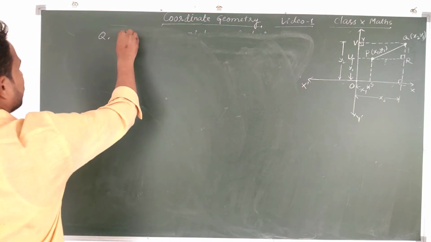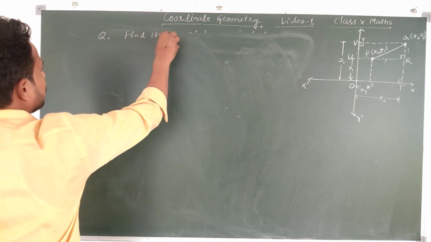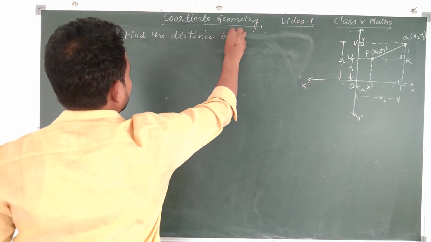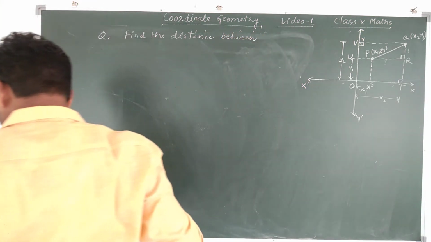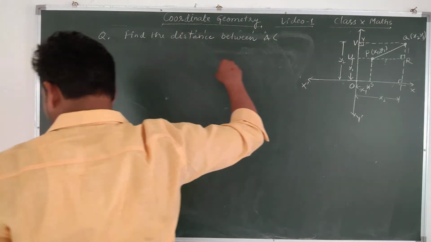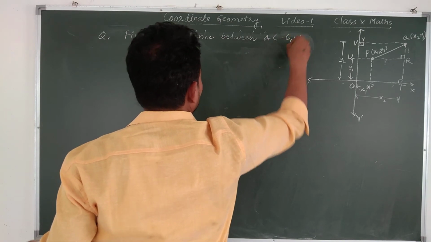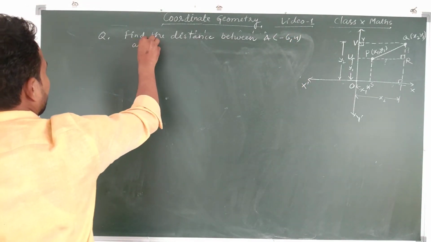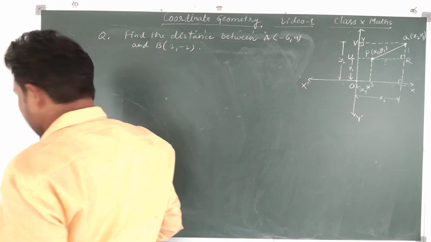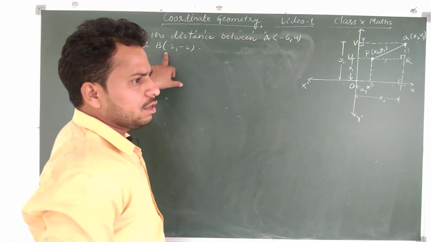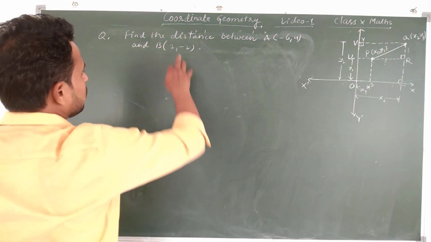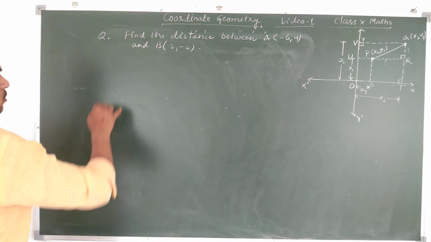Find the distance between point A, whose coordinates are -6, 4, and point B, whose coordinates are 2, -2. So these are the 2 points and their coordinates are -6, 4 and 2, -2. We have to find the distance between these 2 points.